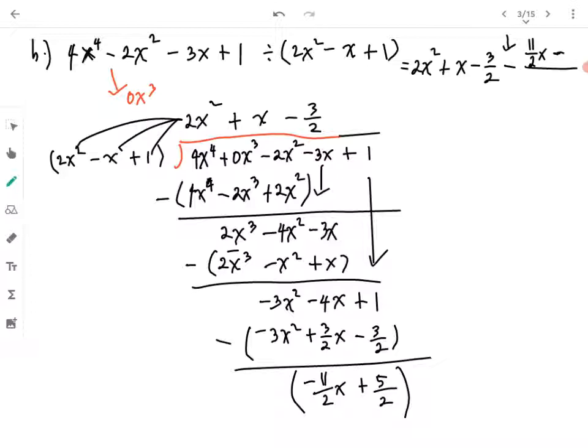So instead of plus 5 over 2, that becomes minus 5 over 2, because the main operation becomes the sign of this term, then the remainder part.